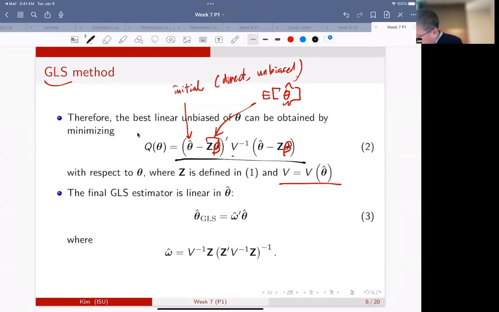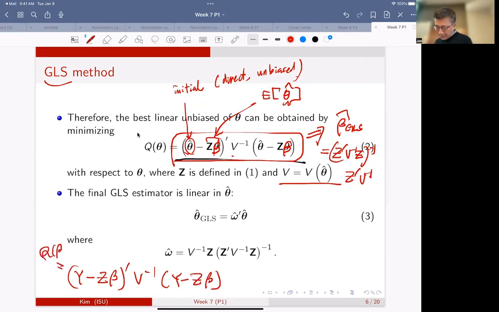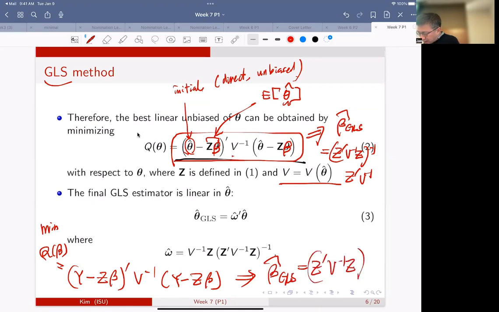So what is the solution to this? If I write it better, the minimizer of Q of beta, which is Y minus C beta prime V inverse Y minus C beta, is the GLS estimator: C prime V inverse C inverse C prime V inverse Y. That should be a standard result.